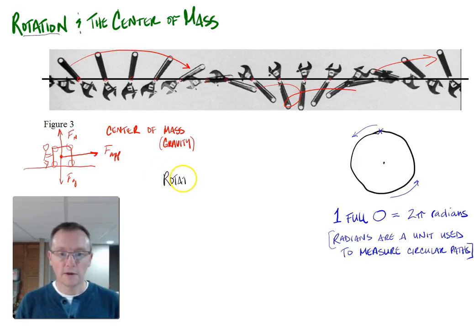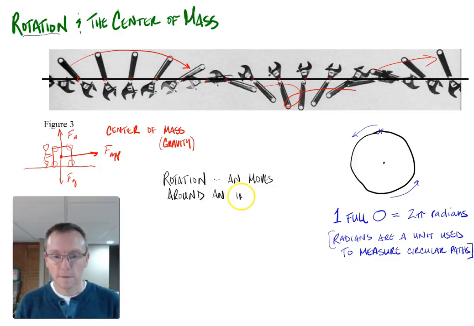Rotation is when an object moves around an internal axis. So the outside, the object itself is spinning around an internal axis.